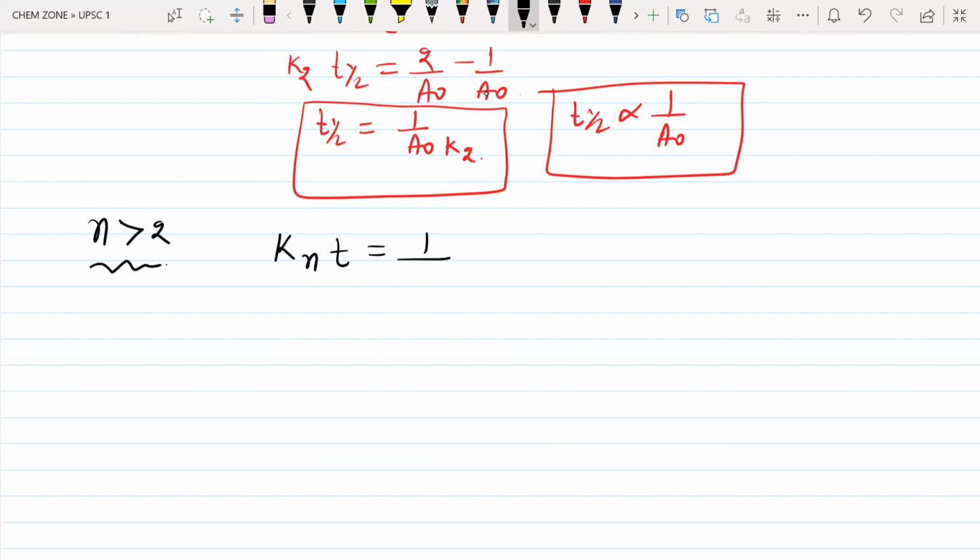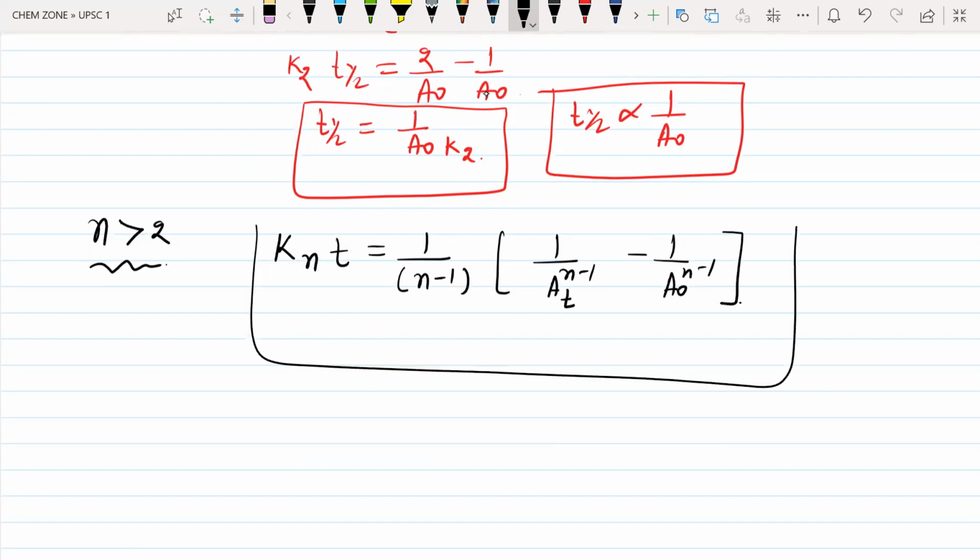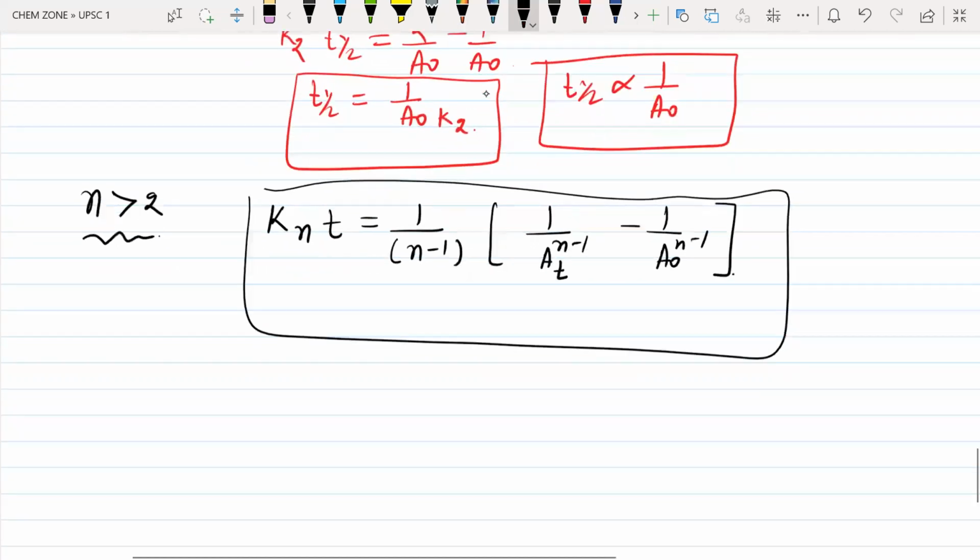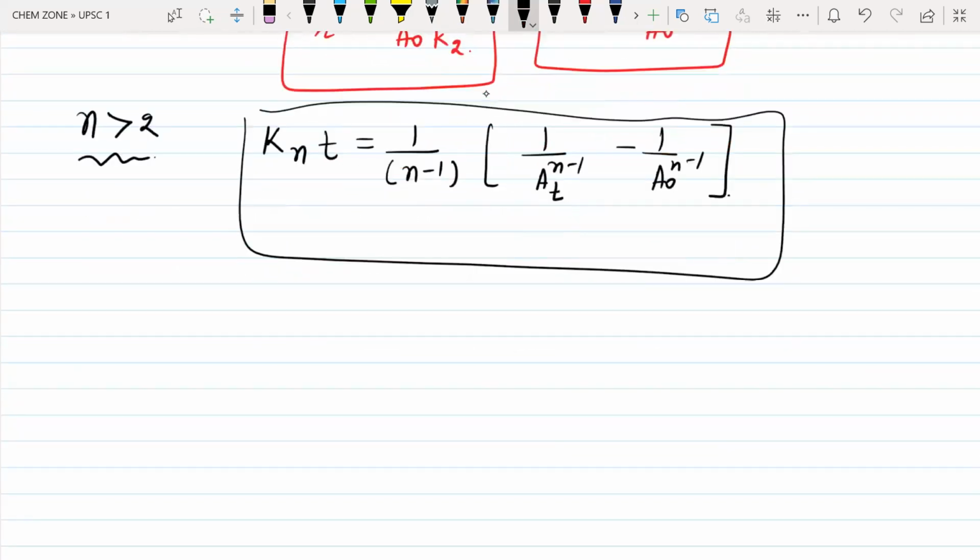Although no question is asked in which the order is more than 2, as a precautionary measure, we can write the general expression for the nth order reaction, where you know the meaning of each and every term used in this equation. n stands for order of reaction.